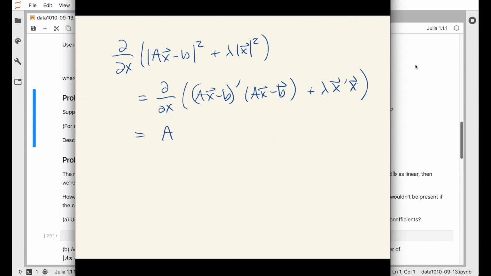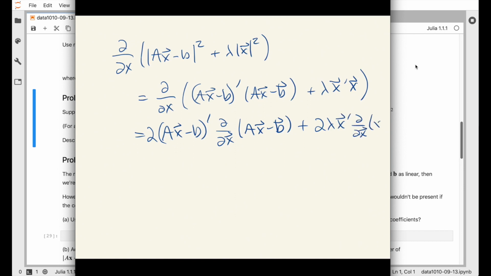It's going to say the first vector transpose times the derivative of the second one. And then we're going to get another term, but that term's actually going to be the same because these two vectors are the same as each other. So we just put a 2 here. And similarly for the second term, we're going to get 2 lambda x transpose times the derivative with respect to x of x.